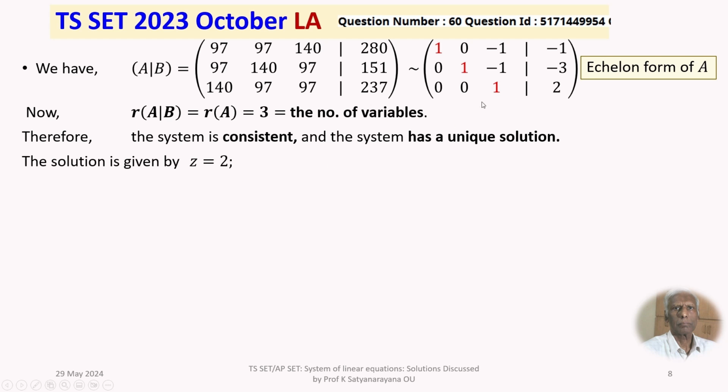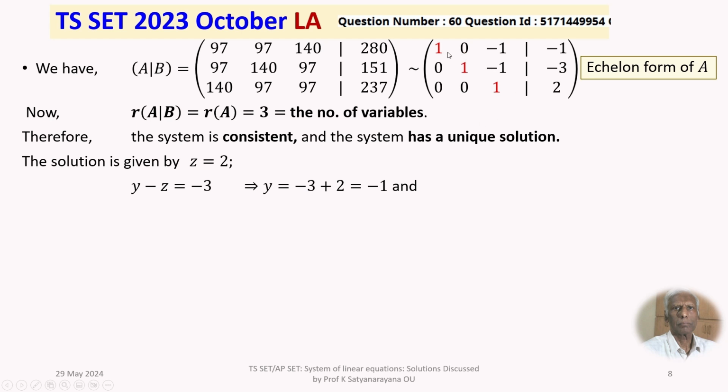Solve these equations. Now from the bottom to the top you have to solve. So you take the third equation, z is equal to 2. Take the second equation, it is y minus z is equal to minus 3. That will be y is equal to minus 3 plus z, and minus 3 plus 2, that is minus 1.